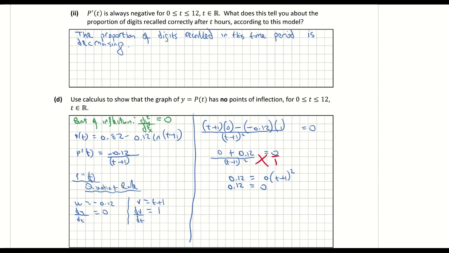So you can see here now that I have 0.12 is equal to 0, but since 0.12 is clearly not equal to 0, therefore there is no point of inflection, because I would have been hoping to get 0 is equal to 0 in order to prove it had a point of inflection.